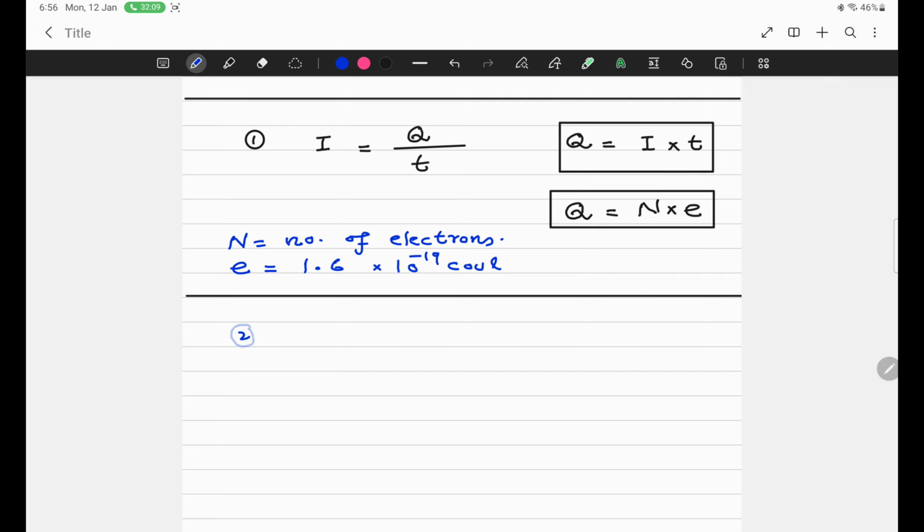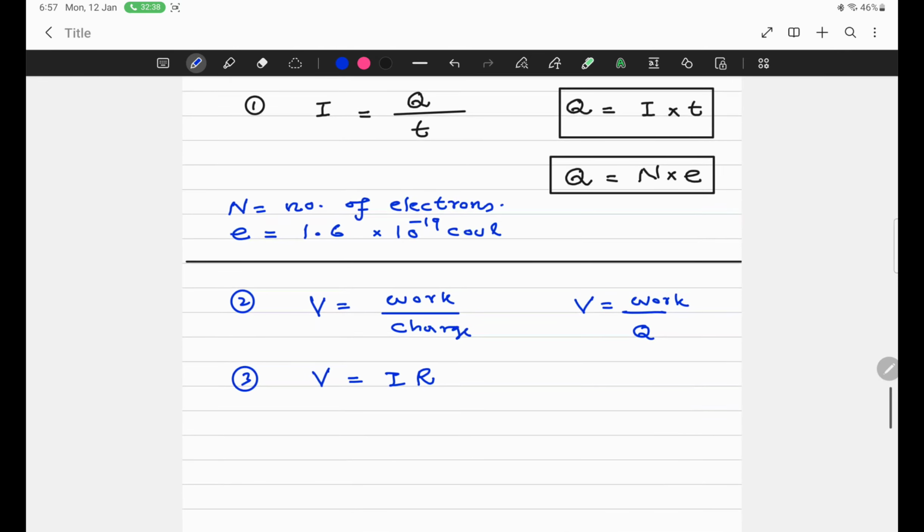Then formula number two. Sir, voltage is work done per unit charge. So V is equal to work upon Q. Unit is volt. And formula number three, sir, V equal to IR.